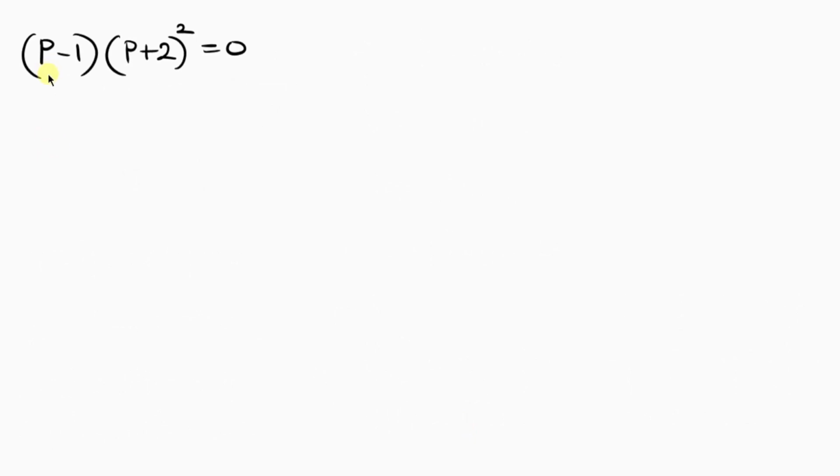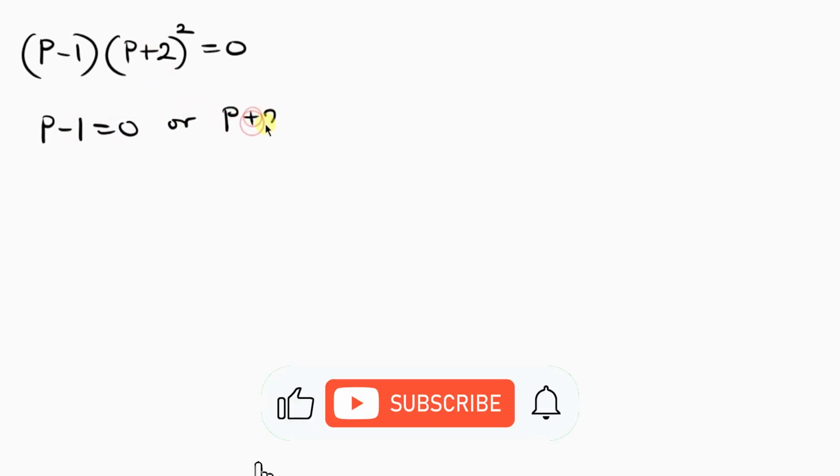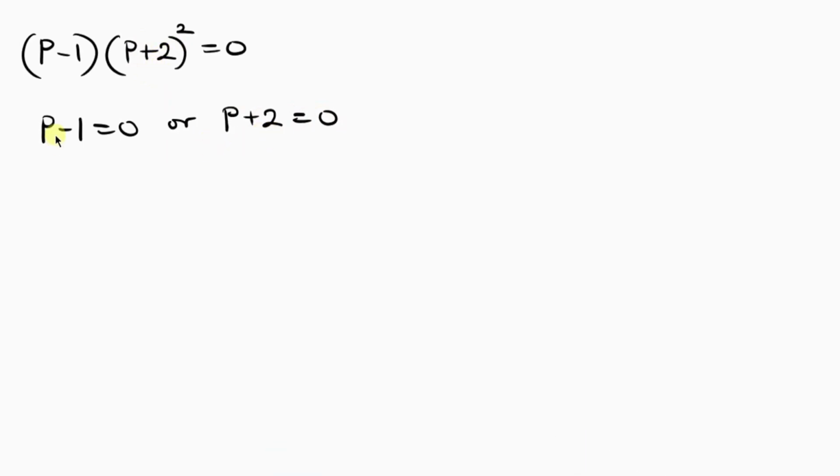Now from the first case, we have p minus 1 to be equal to 0. Or from the second case, we have p plus 2 to be equal to 0. Remember, there are two of these, so this one is happening twice. So from here, we have p to be equal to 1. And from this other case, we have p to be equal to negative 2. Remember what we said?